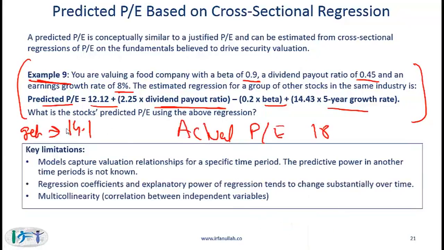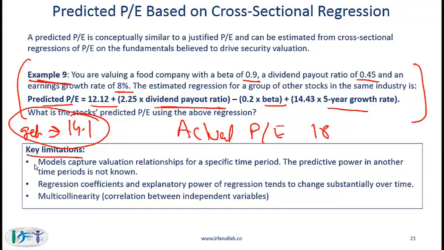So when you plug in the numbers, this is what you get. If the actual PE in the market is 18, then is this stock overvalued or undervalued? The stock clearly appears to be overvalued. And this question about whether the stock is overvalued or undervalued keeps coming up. It's very straightforward. So you need to be on top of this particular sort of question.